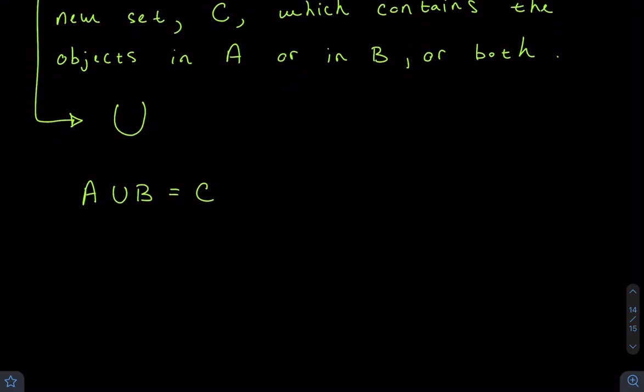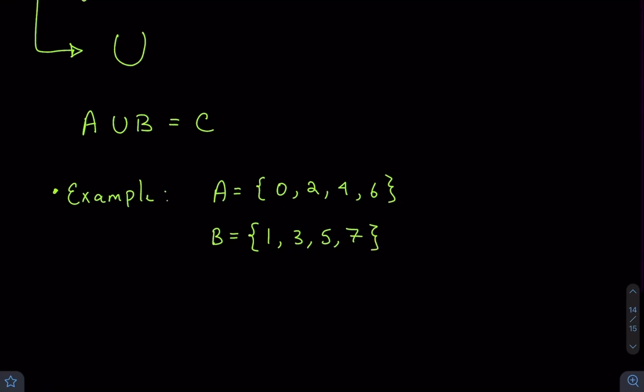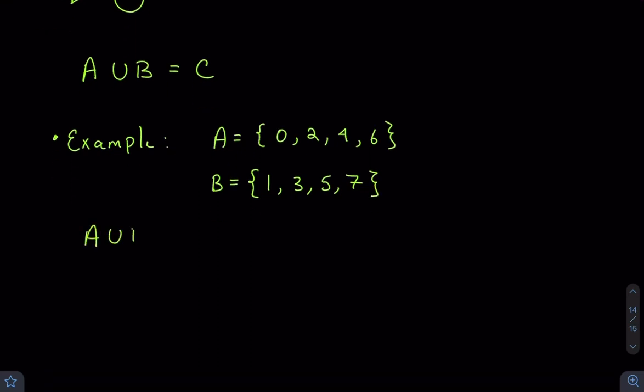As an example, if set A had these objects and set B had these objects, then the union between A and B would be all the elements or all the objects that are in A, which are 0, 2, 4, 6, or in B, which are 1, 3, 5, and 7.